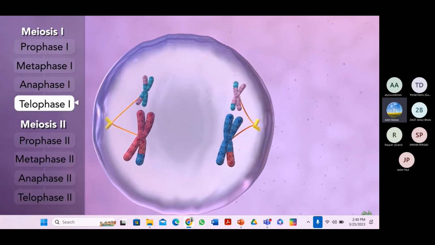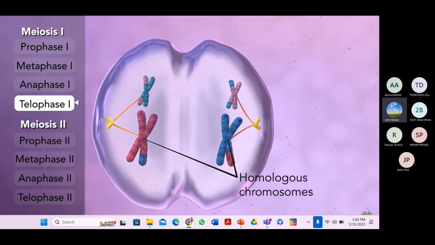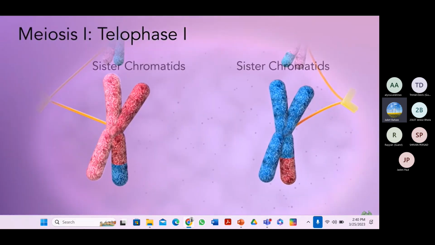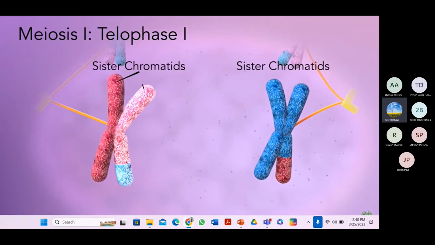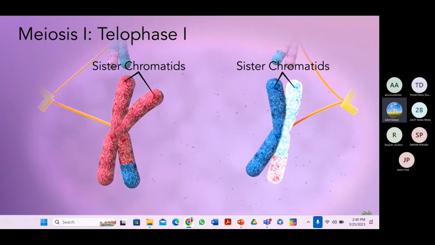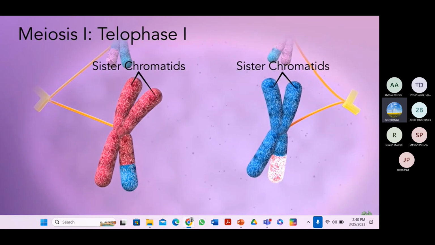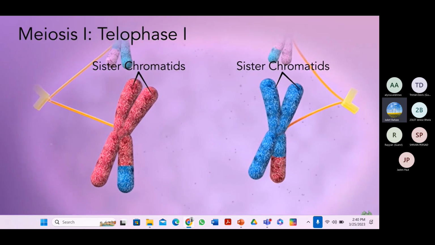The cell enters telophase 1 with 1 chromosome from each homologous pair at separate poles. However, each chromosome still consists of sister chromatids. Keep in mind that each chromosome's sister chromatids are no longer identical because of the allele exchange that happened during crossing over.